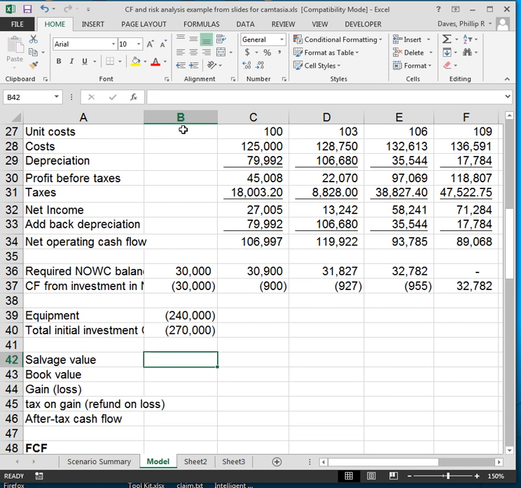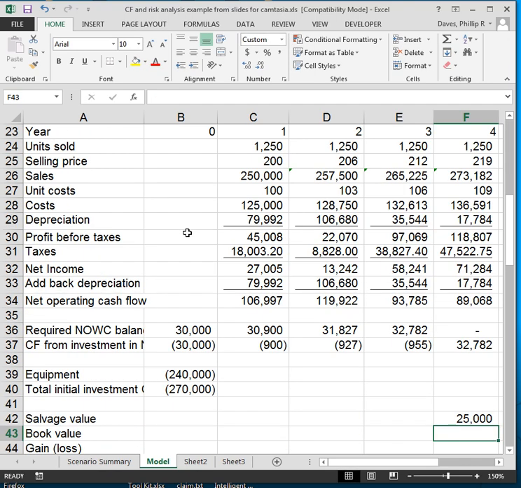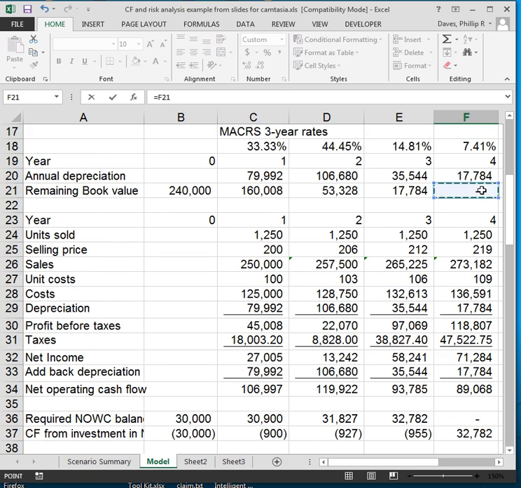All right. Now let's talk about salvage value. Salvage value occurs in year 4, and we're going to receive $25,000 for this piece of equipment. However, you can't just sell a piece of equipment and not have any ramifications from that sale. As far as taxes go, you need to know what the book value is. In this case, this is a fully depreciated asset because we've got a book value of 0 at that year end.